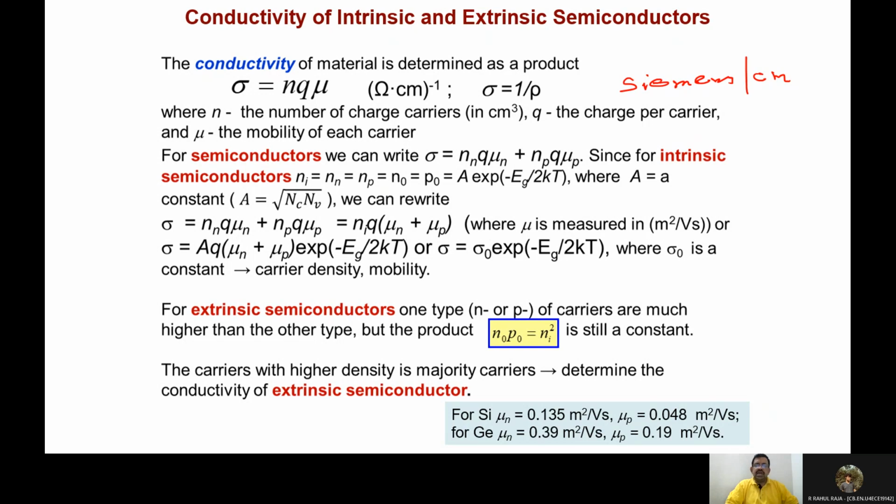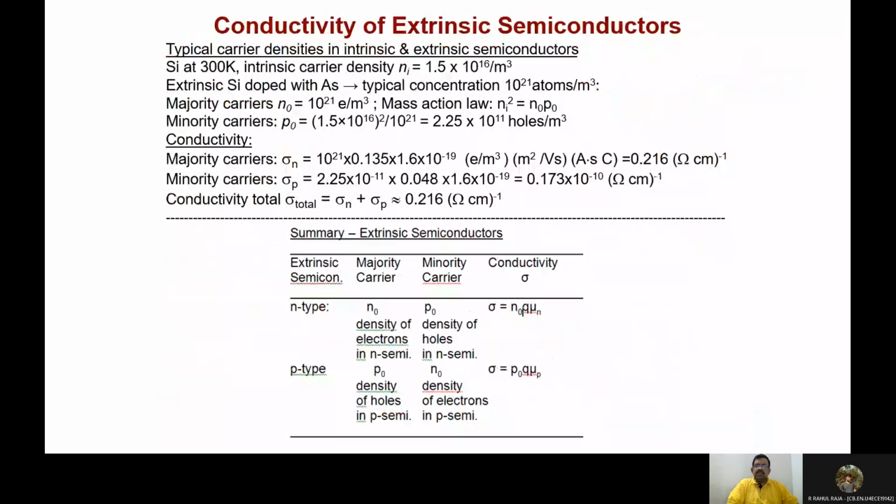Those of you who are interested, I can show you the derivation, but for now it is enough to understand that sigma is given by the expression n q mu, where n is the number of carriers, q is the charge of each carrier. So you multiply to get the total charge, and you multiply by the mobility mu, and the conductivity is given. The unit is either ohm centimeter inverse, or Siemens per centimeter.